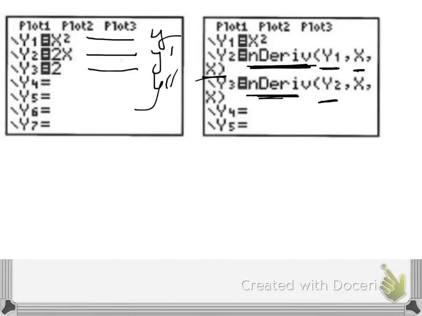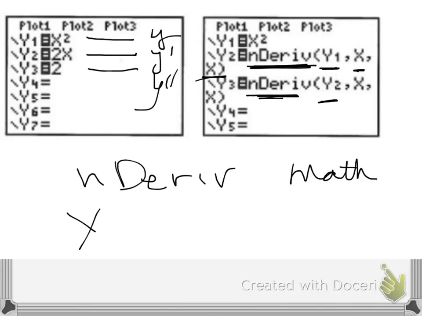So n derivative is found under math, so look for it there, and then your y1 and your y2 is found under VARs on your calculator, and then you go y VARs and then you select it, and you've done that in other classes. But this is a notation that you would have to do if you want your calculator to just go ahead and plot the second derivative, the third derivative, whatever derivative you want of your function. It's a building process.